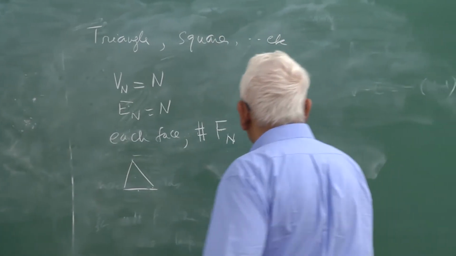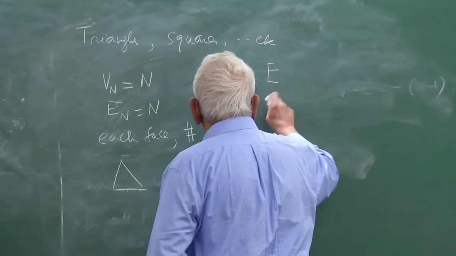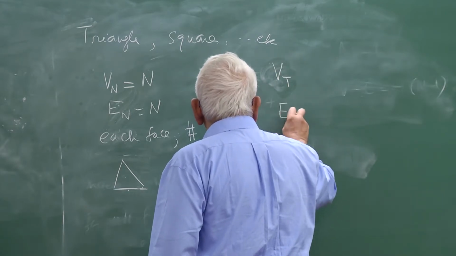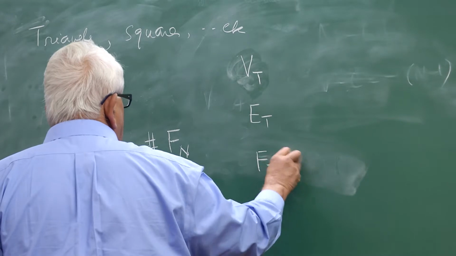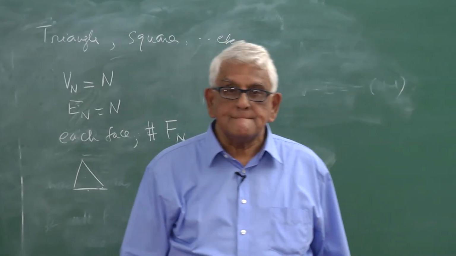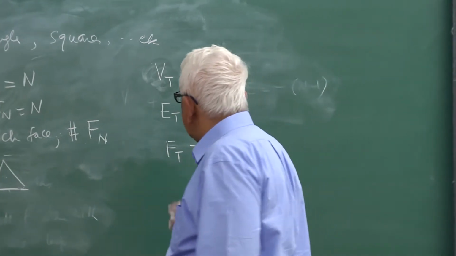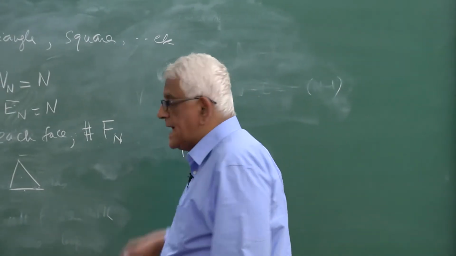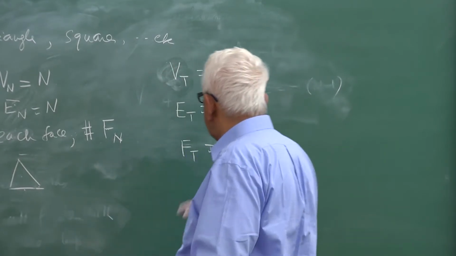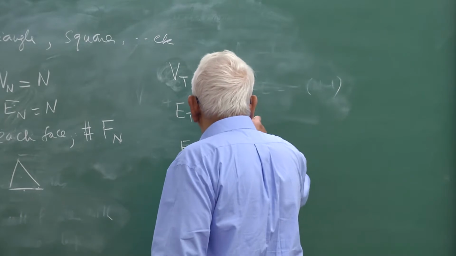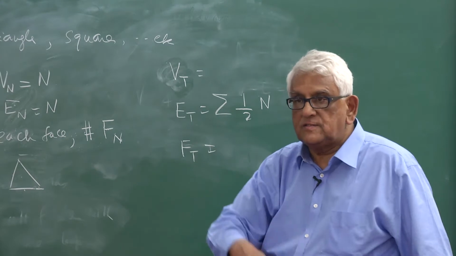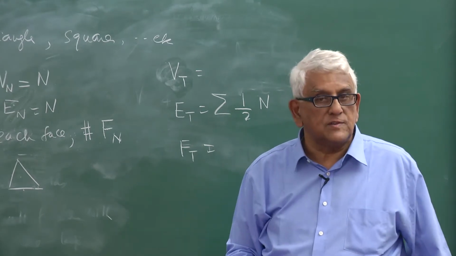So the vertex total, the edge total, and the F total, when I have glued everything together. So how do I do that? Well, start with the edges. I have to glue two edges together. So, half of n, summed over n, over all the possible shapes you have, is the total number of edges.